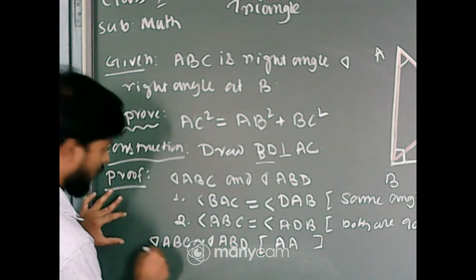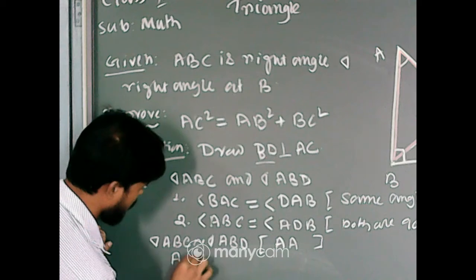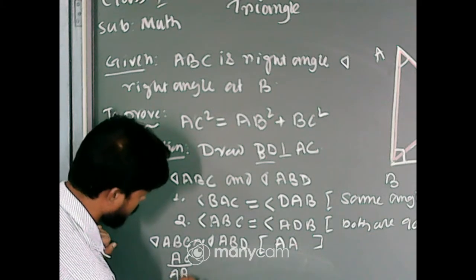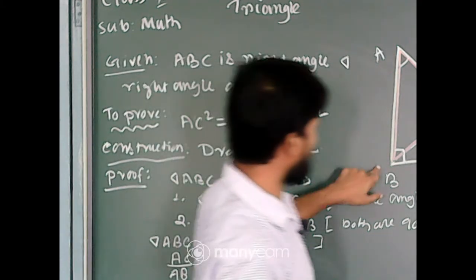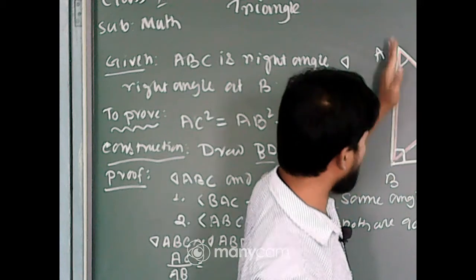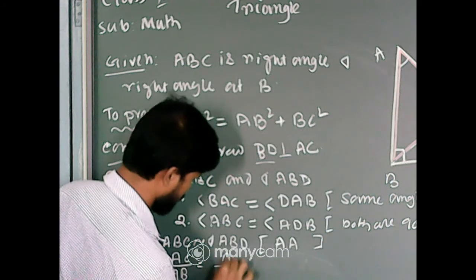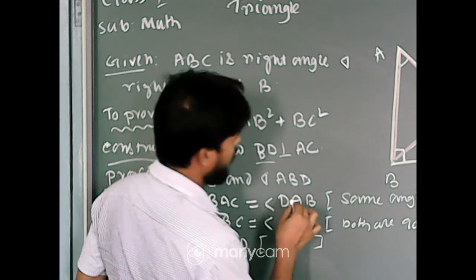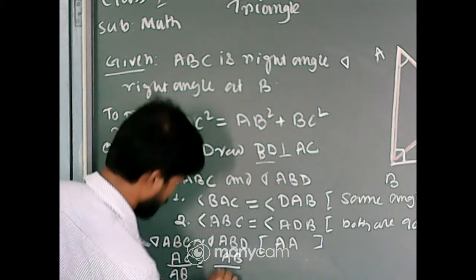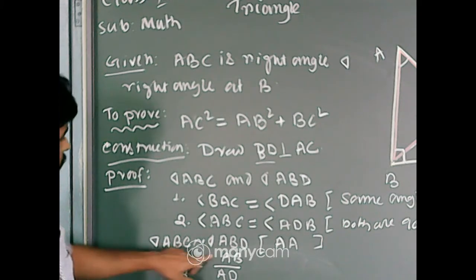So as the triangles are similar to each other, we can write that AC by AB is equal to, in the triangle ABC we are taking the ratio of AC and AB, that will be equal to the ratio of AB and AD, and the AB means this side. So AC by AB is equal to AB by AD.